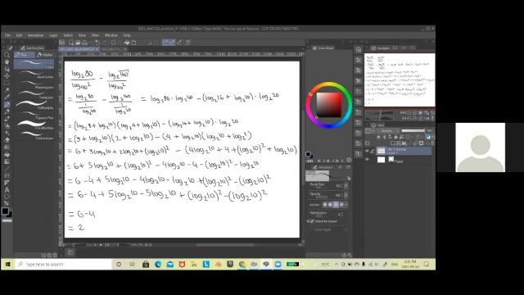So 160 can be split into 16 and 10. So we can do that. It's a lot easier to handle. And so log 2 160 is now this, and log 220 stays the same for now.